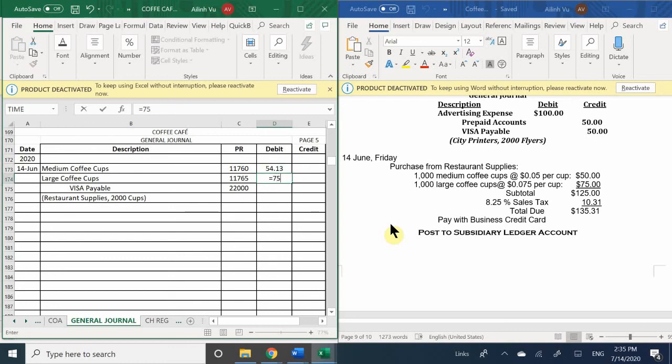And if I do 75 times 1.0825, I get 81.19. Now, let's add these together and I get 135.31. Perfect. But if you look carefully, does 13 plus 19 equal 31?